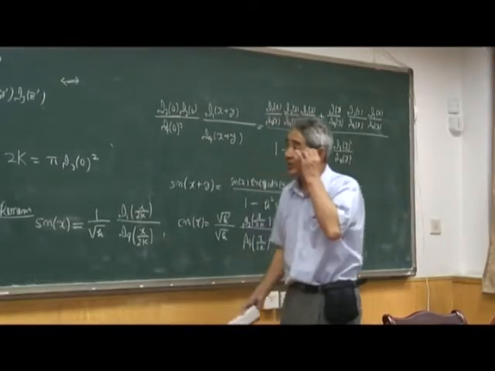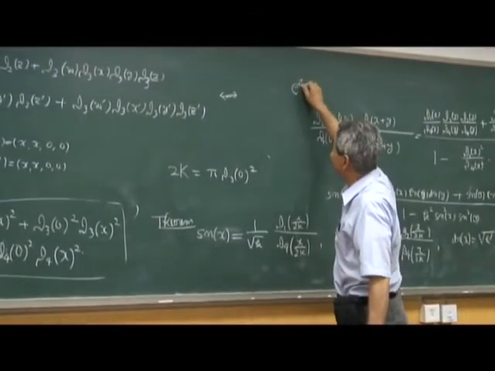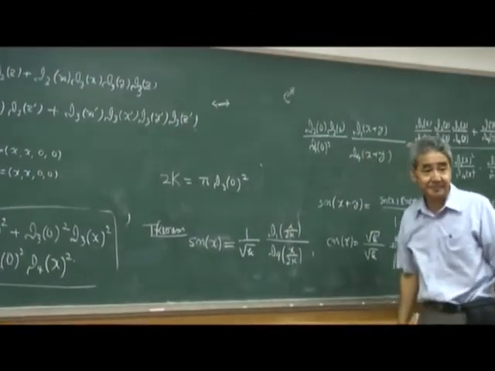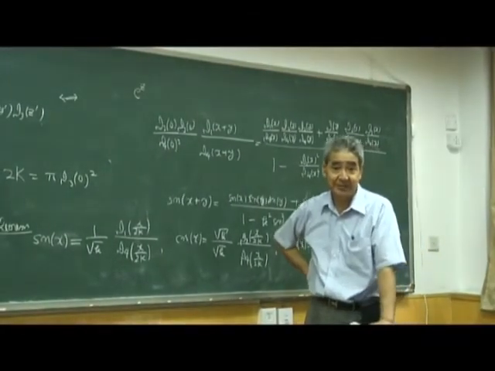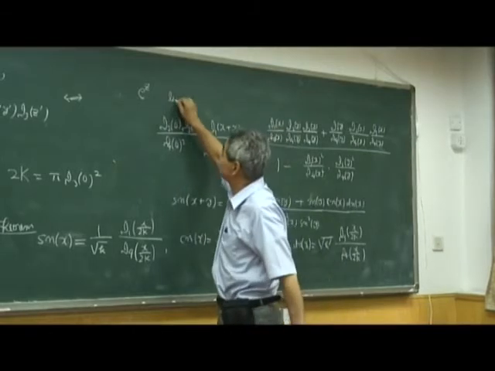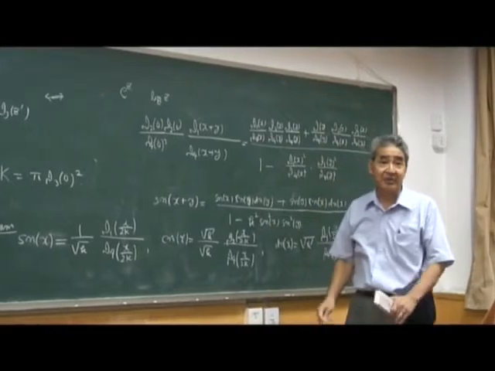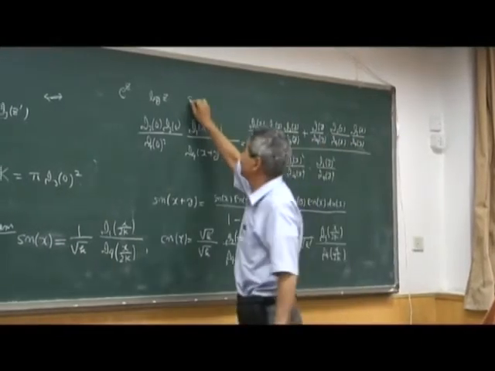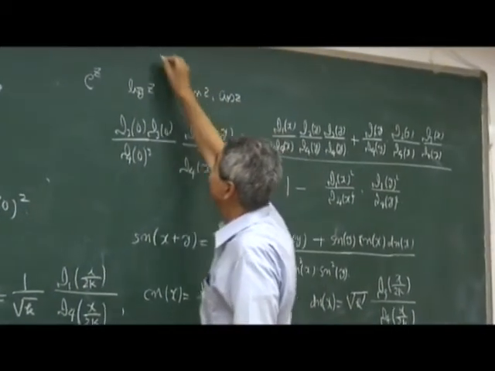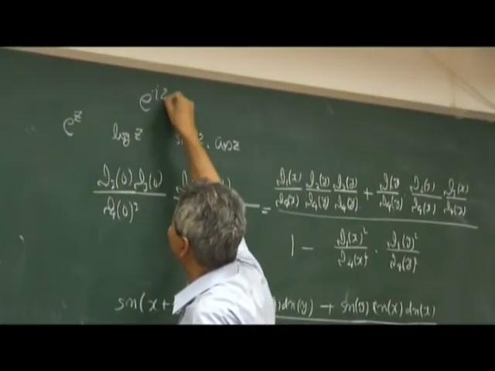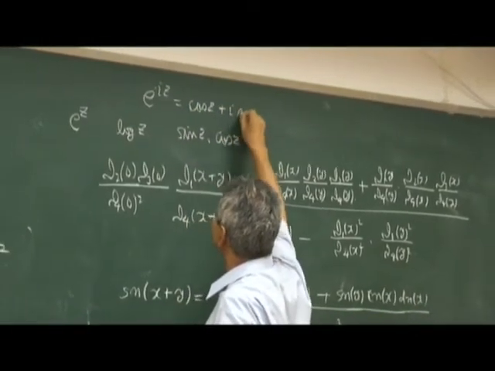He used complex numbers so that he found that he can introduce the exponential function with complex variables and also the logarithm function with complex variables and so on, and also sine function and cosine function, and moreover, e to the z is related to cosine z plus i sine z.